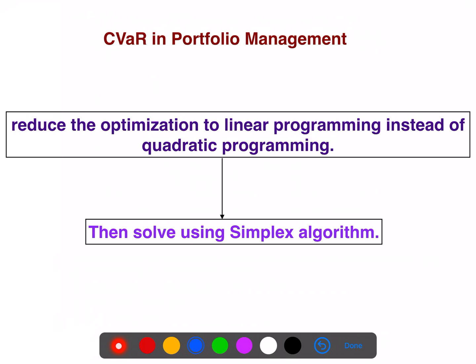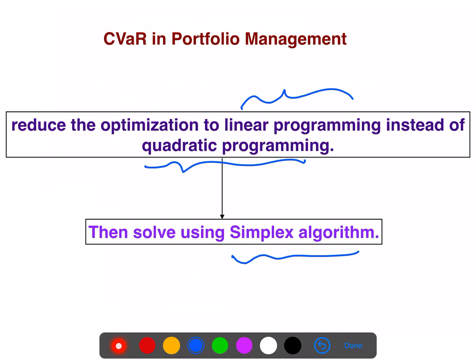And the interesting thing in CVaR, in portfolio management, is that we can reduce the optimization to linear programming instead of quadratic programming. So we solve it using the simplex algorithm. We don't need to do quadratic programming, and computationally it's a big gain.